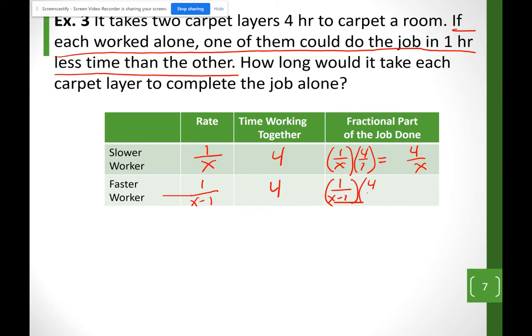He worked 4 over 1 hours as well. So how much of the job he did was 4 over X minus 1. Now I'm just going to add how much each of them did. The slower worker did 4 over X. The fast worker did 4 over X minus 1. Together, they completed one room.